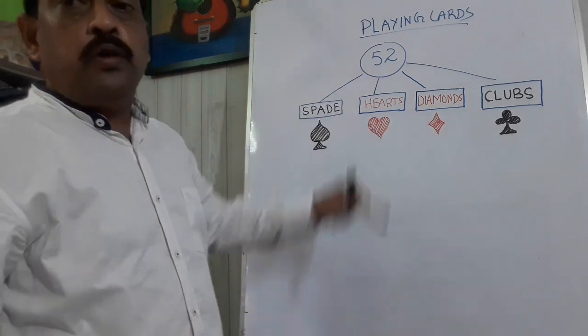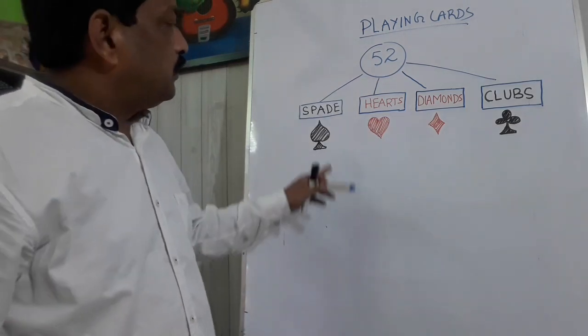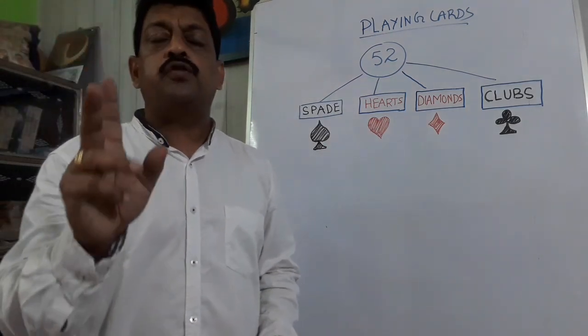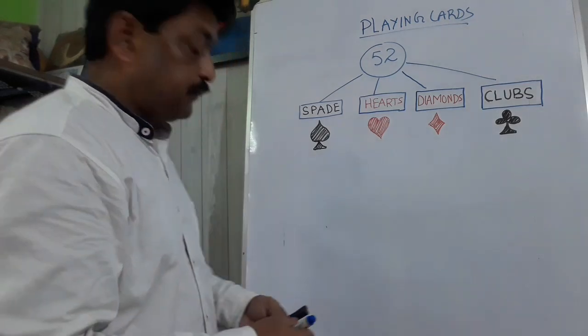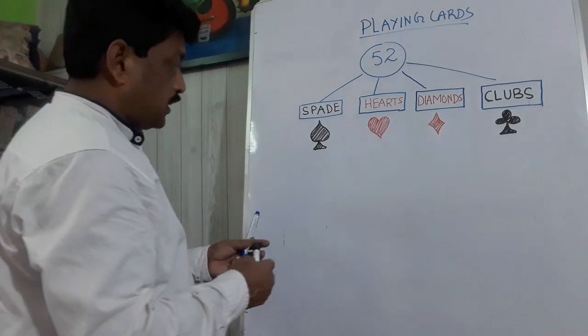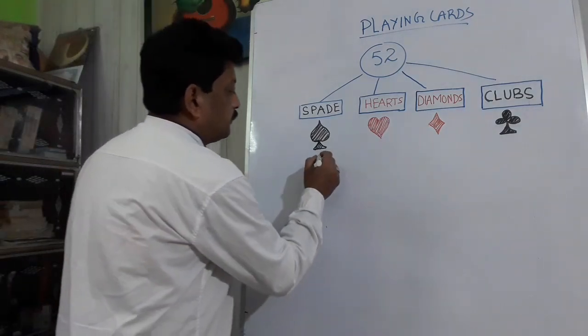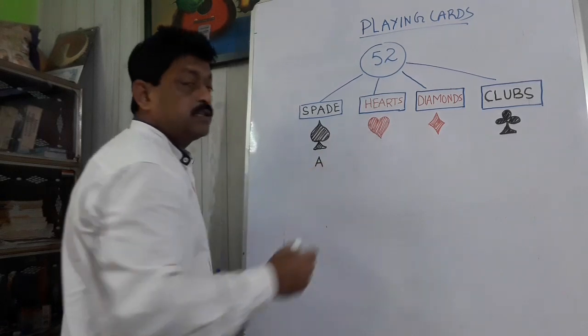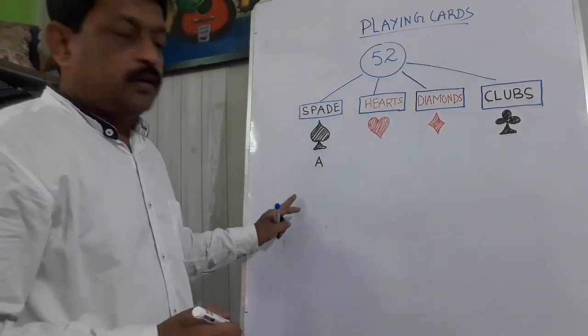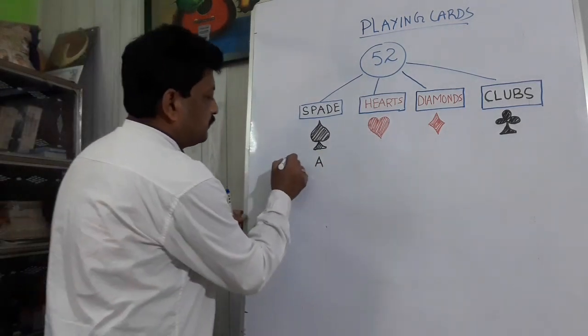Now 52 is divided into 4 suits. So each suit has 13 cards. 52 divided by 4 is 13. Now see what type of cards are there. The first one is the ace card. It is known as A, and its name is ace.